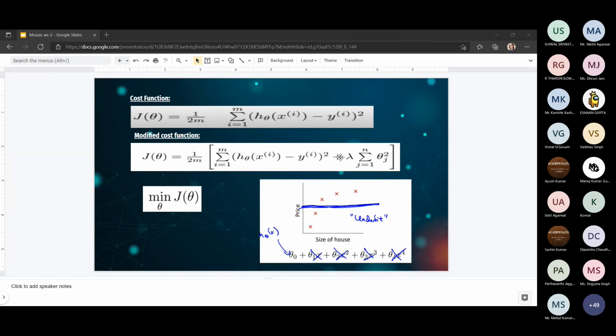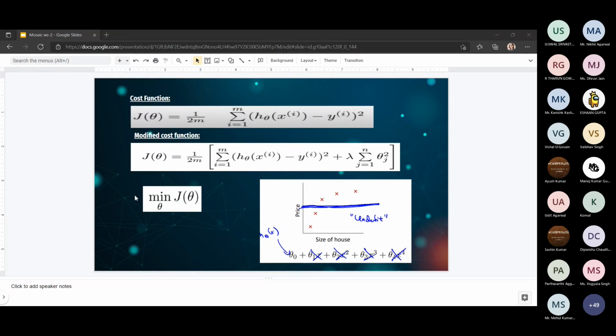I have added this term lambda into summation of theta j square. This last term is called the regularization term, where lambda is the regularization parameter.